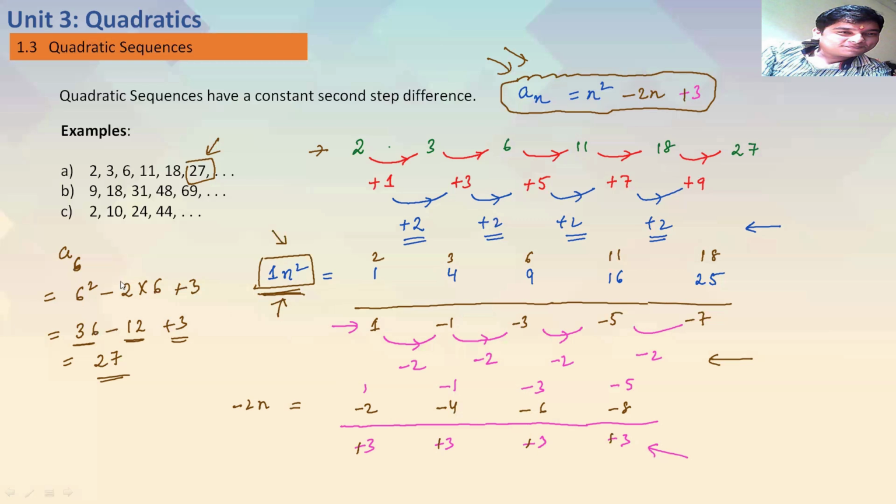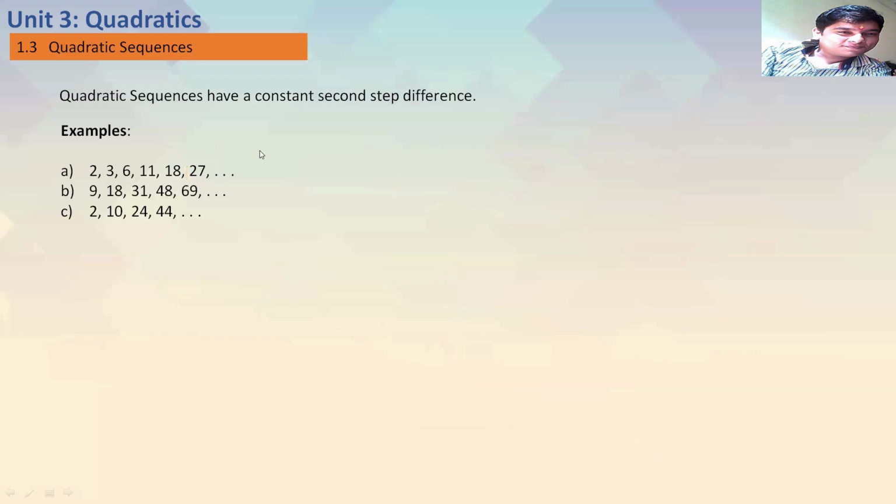So you got 2n squared. So the sequence would be 2, 8, right? Did you get 8? Yeah. Good. 18, 32, right?